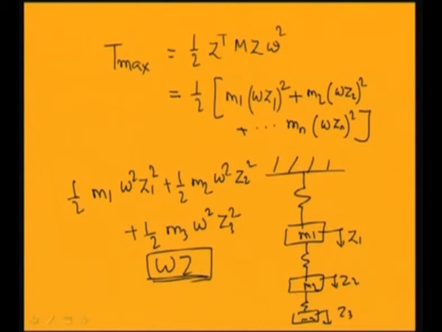For the first mass the velocity is omega z1, for the second mass it is omega z2, and for the third mass it is omega z3. So, the kinetic energy becomes half m1 omega square z1 square plus half m2 omega square z2 square plus half m3 omega square z3 square, taking a particular value of omega. Similarly, for an n-mass system you can write the kinetic energy in this form.